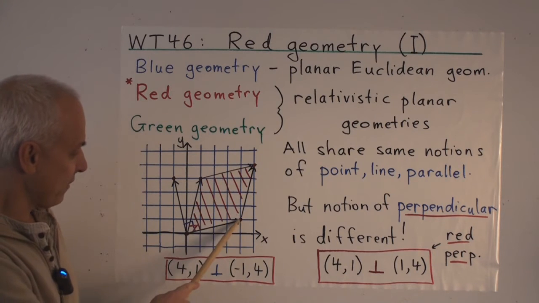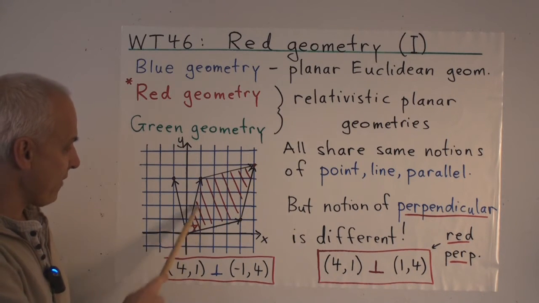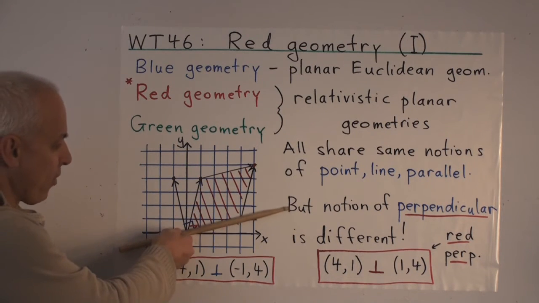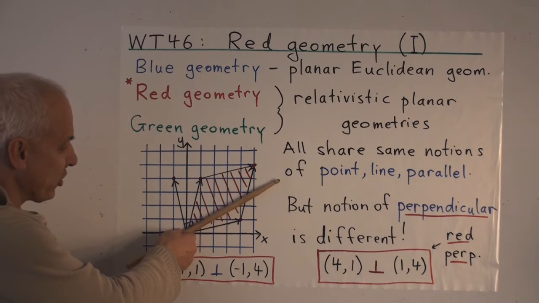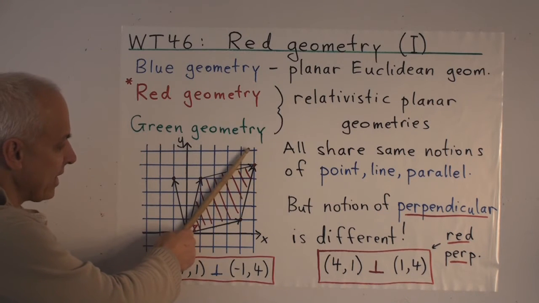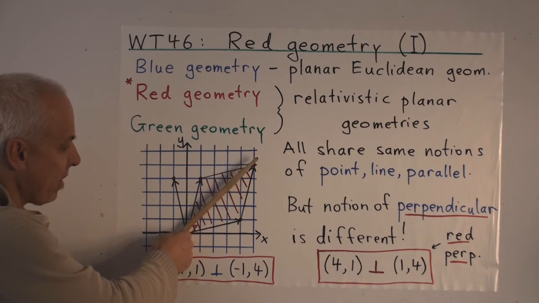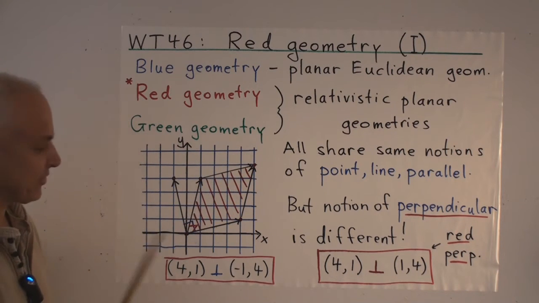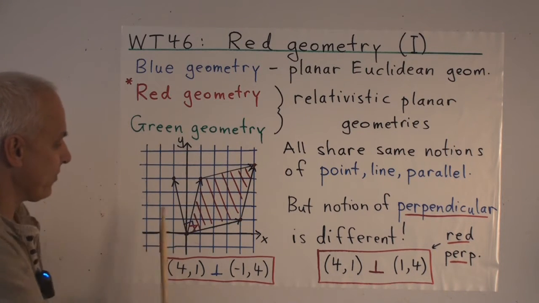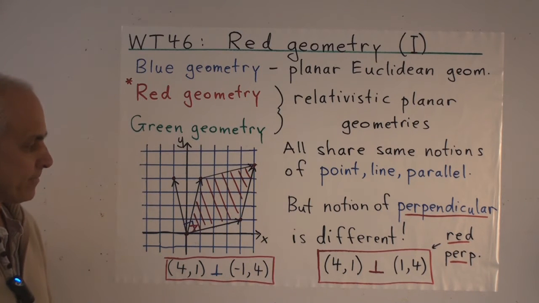Well, here's the vector 4, 1, and here's the vector 1, 4. In general, a vector a, b is perpendicular to vector b, a, obtained by reflecting that vector in the line y equals x, the line with slope 1 or slope minus 1.